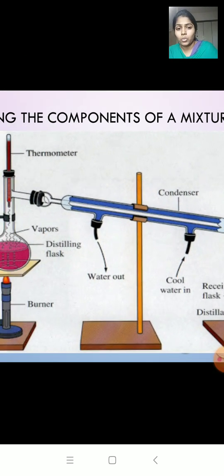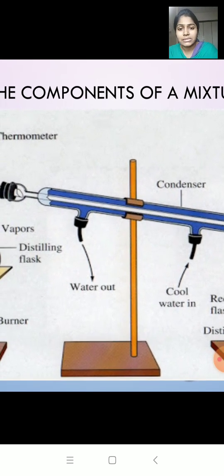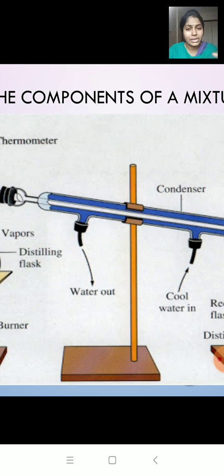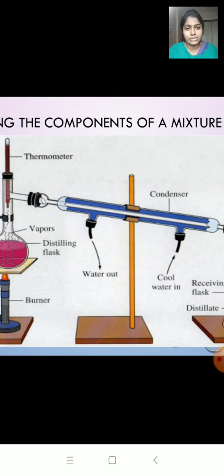Then we have condenser. This long tube like thing is called as condenser. Now in this condenser you can see there is a thin glass tube. Inside the condenser there is a thin glass tube. So through this thin glass tube the vapors will pass, and the thin glass tube is surrounded by thick glass tube.